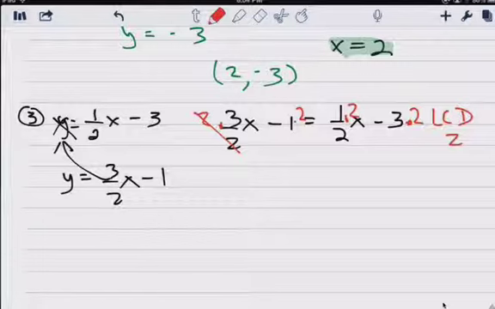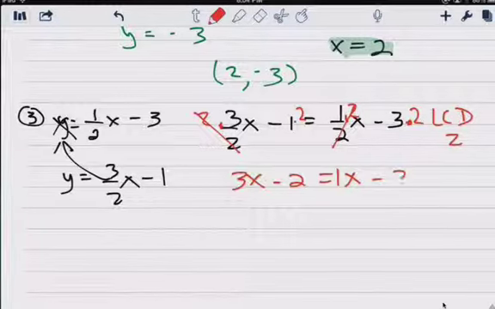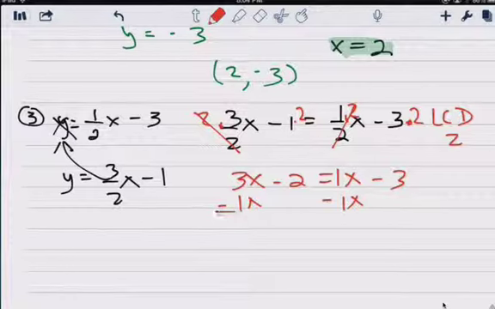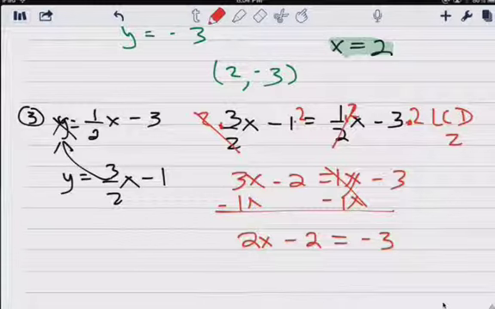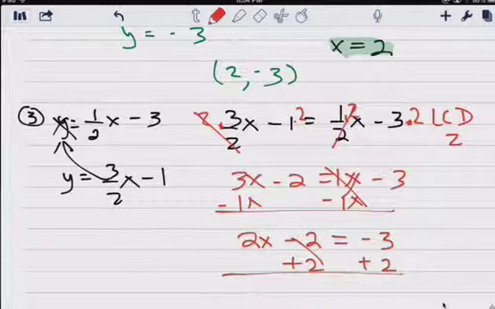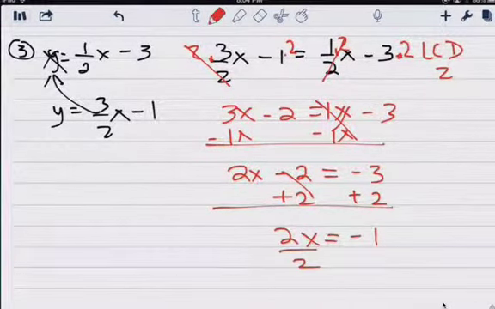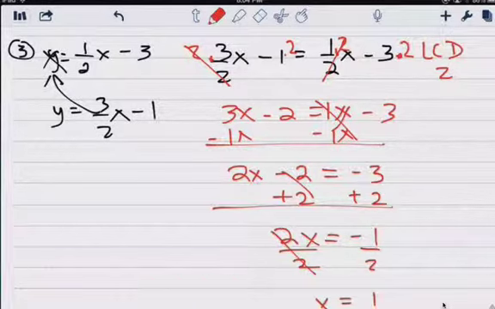Cross cancel. You get 3x minus 2, you get 1x minus 3. Subtract 1x, the smallest variable. Cross cancel, 2x minus 2 equals negative 3. Add 2, you get 2x equals negative 1. Divide by 2, x equals negative 1/2.